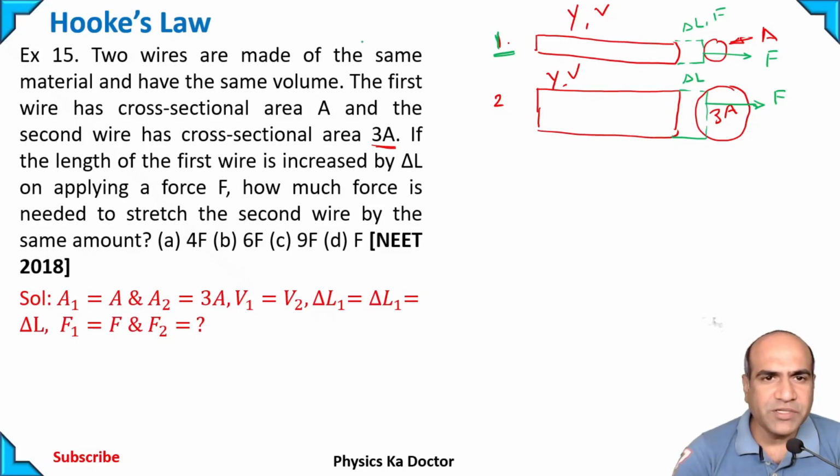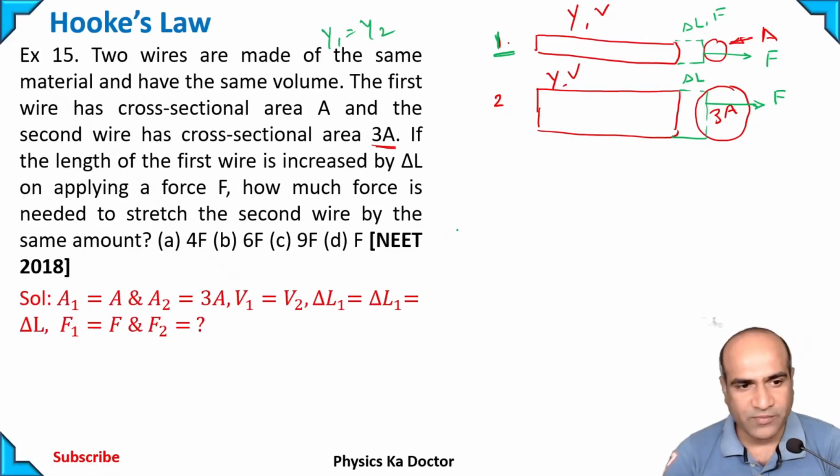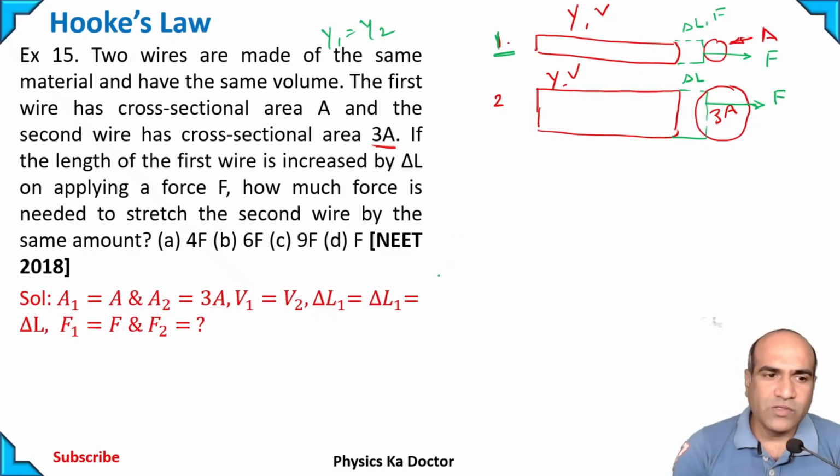Then, as mentioned here, the wires are made of the same material and have the same volume. So V1 is equal to V2. Material is the same, that means Young's modulus is also equal, Y1 is equal to Y2. And it is also given that delta L1 is equal to delta L2, the increase of length. F1 is given as F, and what is F2?